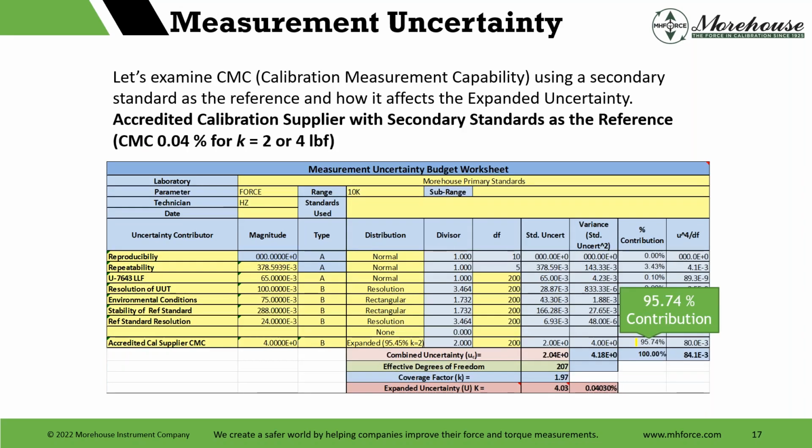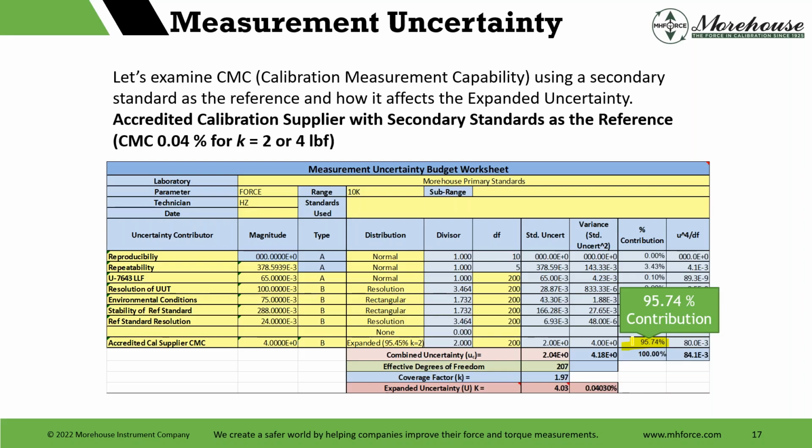Now, remember I said if you send it to another laboratory. Well, another laboratory does the same cal, we're assuming everything is virtually the same. They're further down on that hierarchy, and their contribution to the uncertainty could be higher.